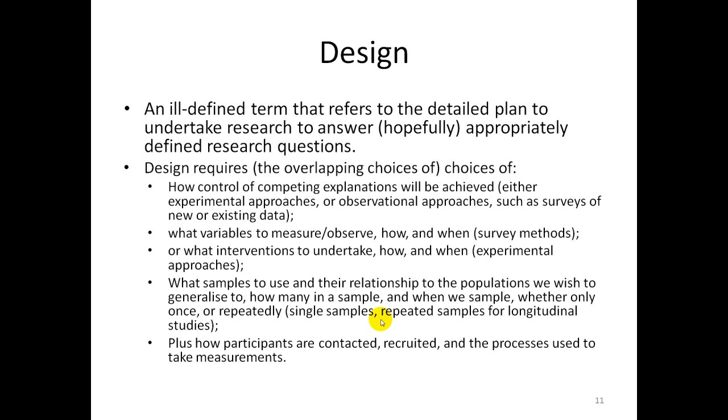Design requires the overlapping choices of how to control competing explanations, as I've said, the experimental approaches, observational approaches such as surveys of new or existing data, what variables to measure and observe, how and when, or what interventions to undertake, how and when, what samples to use and their relationship with the populations, how many in the sample, when we sample, once or repeatedly, plus how participants are contacted, recruited, and the processes used to take measurements. All of that together is research design.